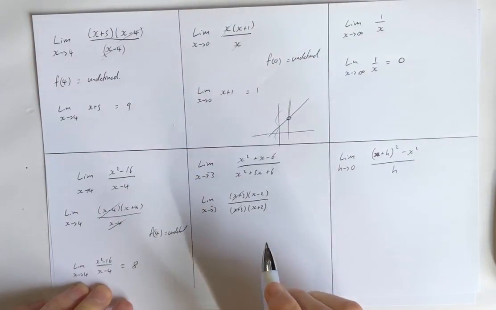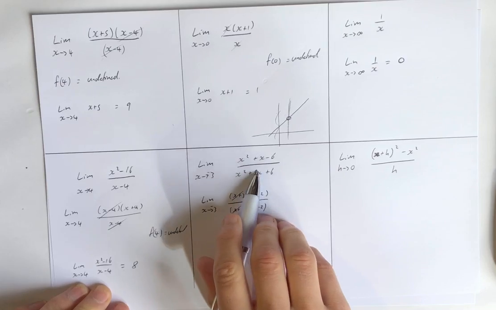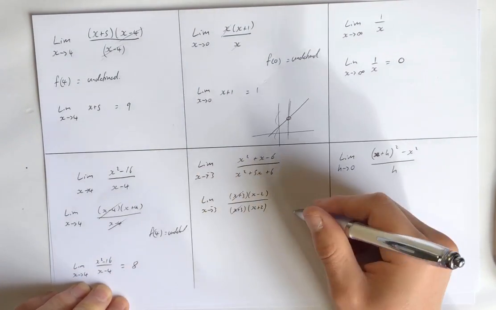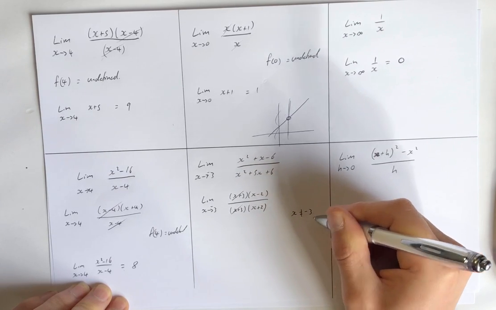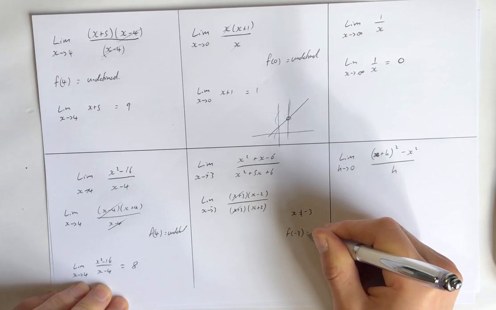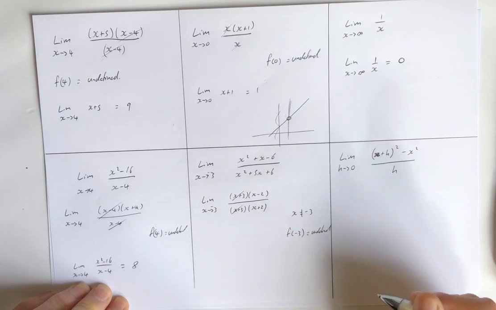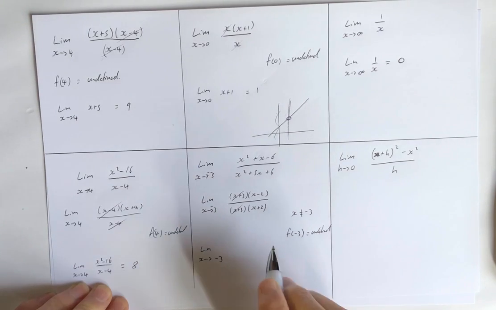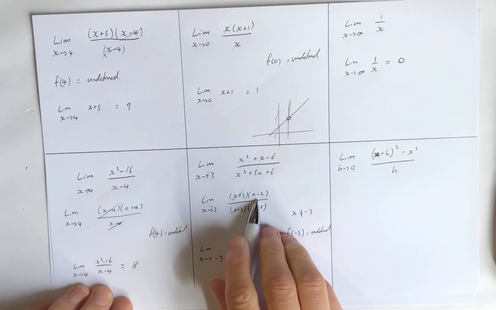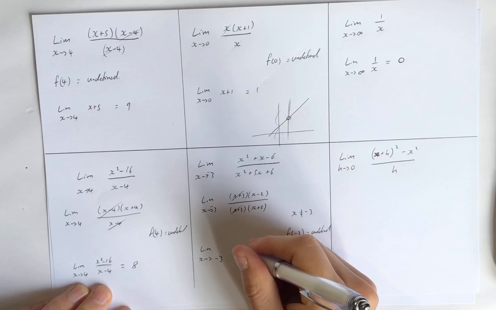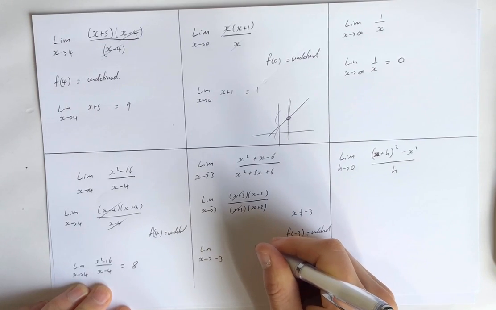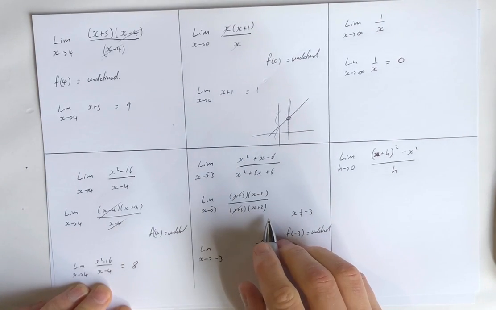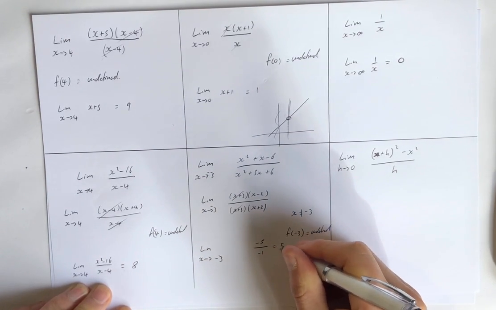So notice, if that was just positive 3, just chuck positive 3 top and bottom, and that will give you your actual limit. But our limit here is x can't be -3. So f of -3 is undefined, and the limit as x tends towards -3, we just put -3 in, so that's going to be -3 take away 2, that's -5, over -3 plus 2, -1, so that equals 5.